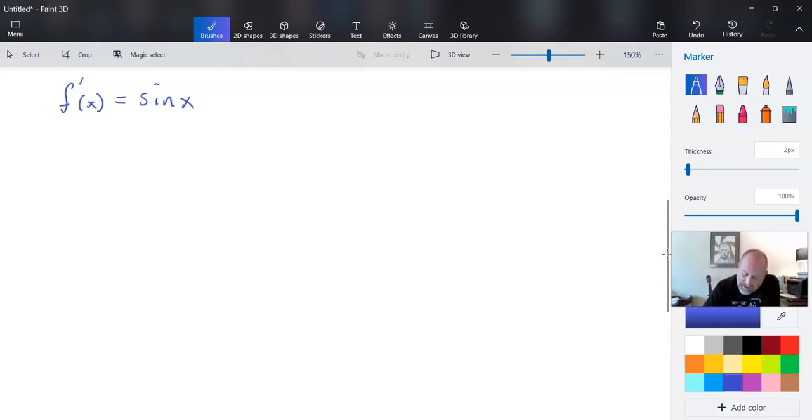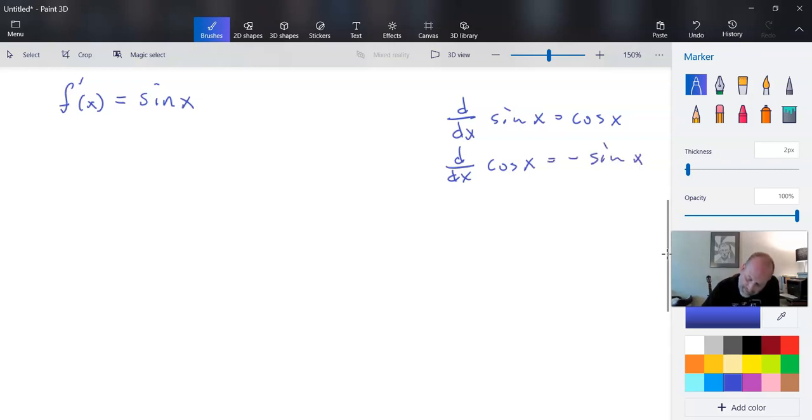Well, if you follow that derivative cycle, d dx of sine is cosine. d dx of cosine is negative sine. d dx of negative sine is negative cosine.